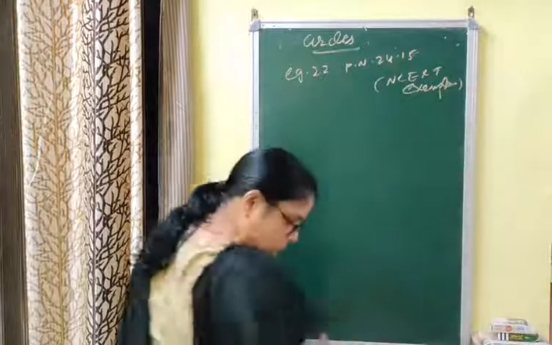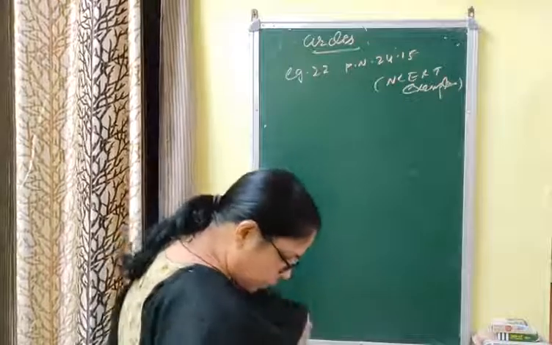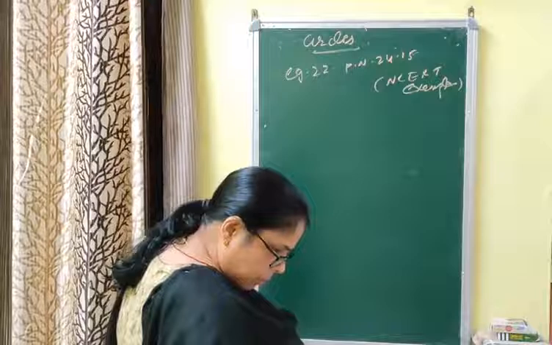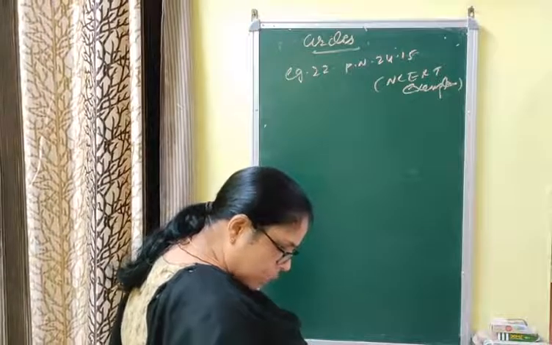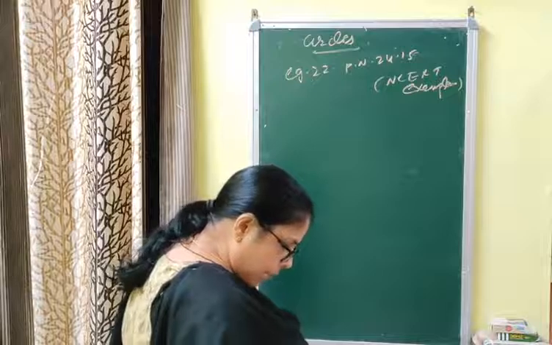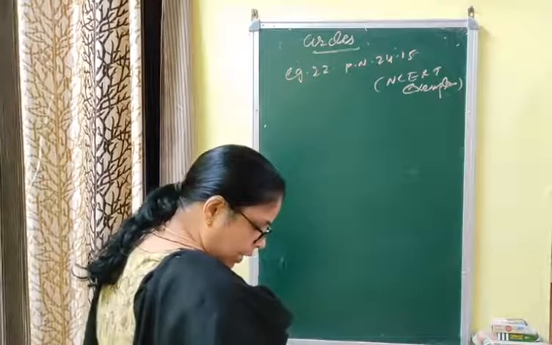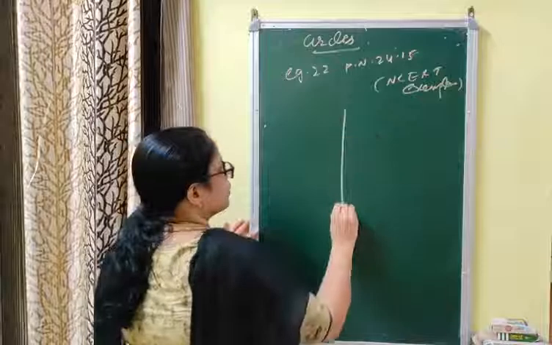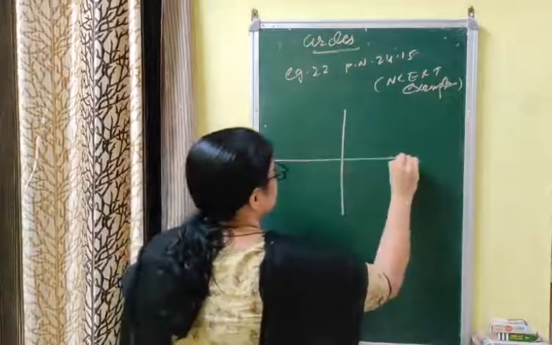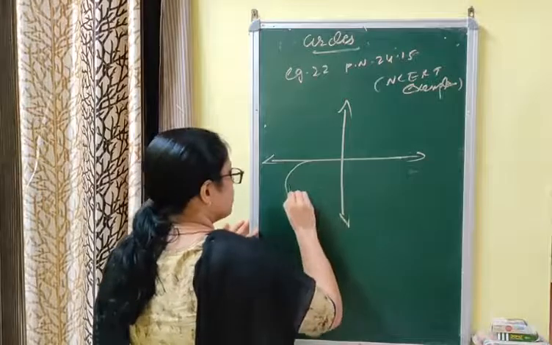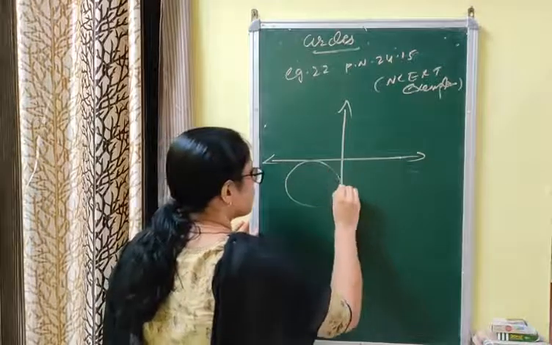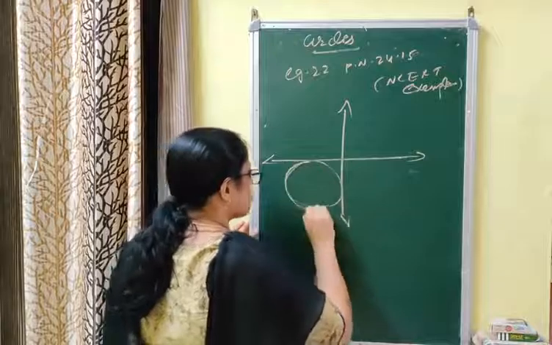I am reading the question. Find the equation of the circle which touches both the axes and the line 3x minus 4y plus 8 equals 0, and lies in the third quadrant. That means you are given a circle which touches the coordinate axes in the third quadrant, and third quadrant means the circle goes in this way. Draw the figure in a proportionate way.